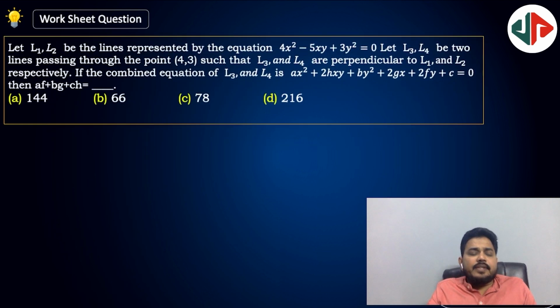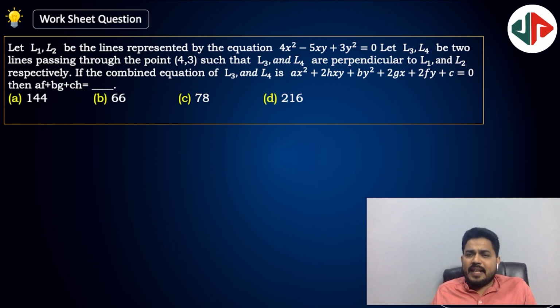Next question: if L1, L2 are the lines represented by 4x square minus 5xy plus 3y square is equal to 0, and L3, L4 are lines passing through 4 comma 3 such that L3, L4 are perpendicular to L1, L2, the combined equation of L3, L4 is this. Already we have done a similar model.